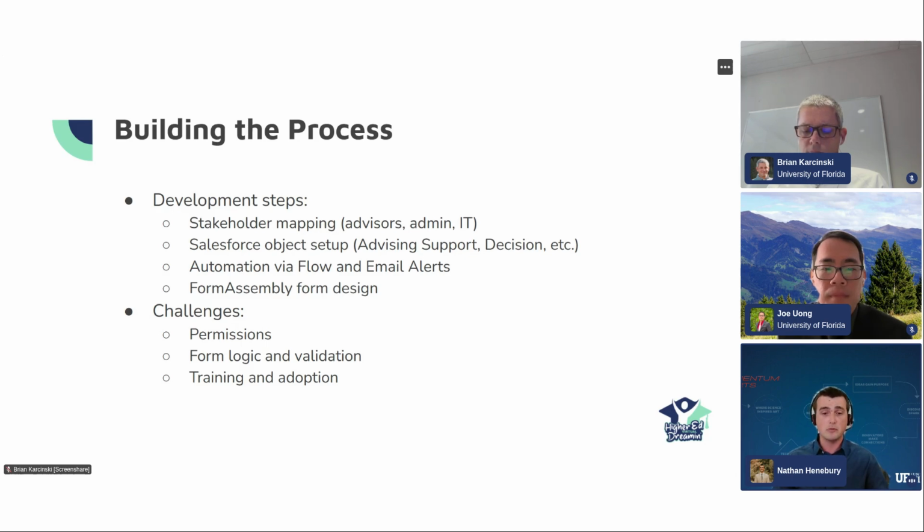What we ended up doing in fitting it in Salesforce was basically folding it into what we call advising support. This is just a customized object within Salesforce. Our org at UF has tons of them. It really depends on the scope of what you're talking about. Some of them are college-oriented versus process-oriented.